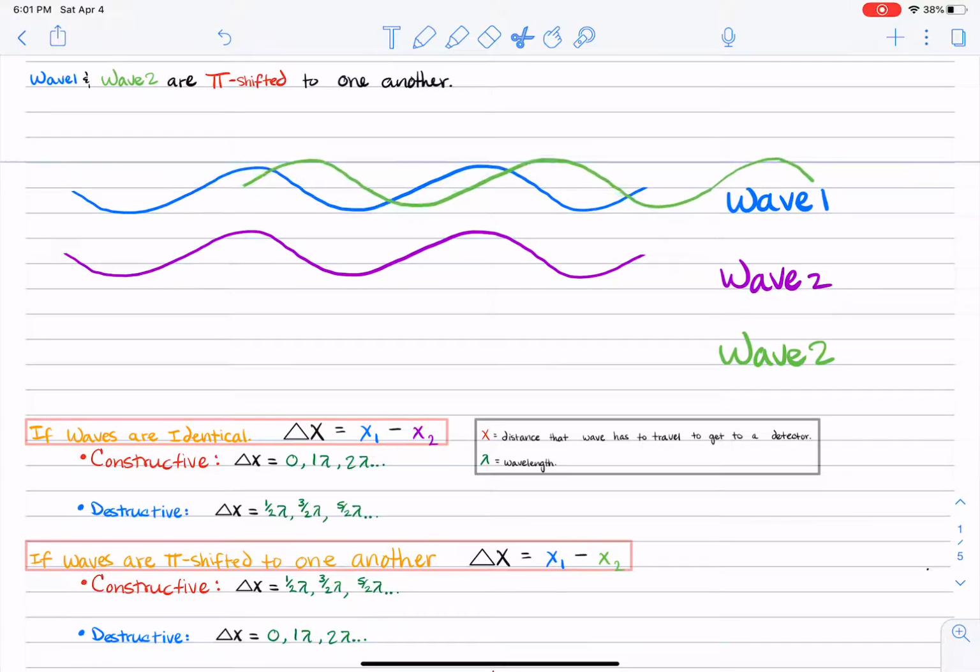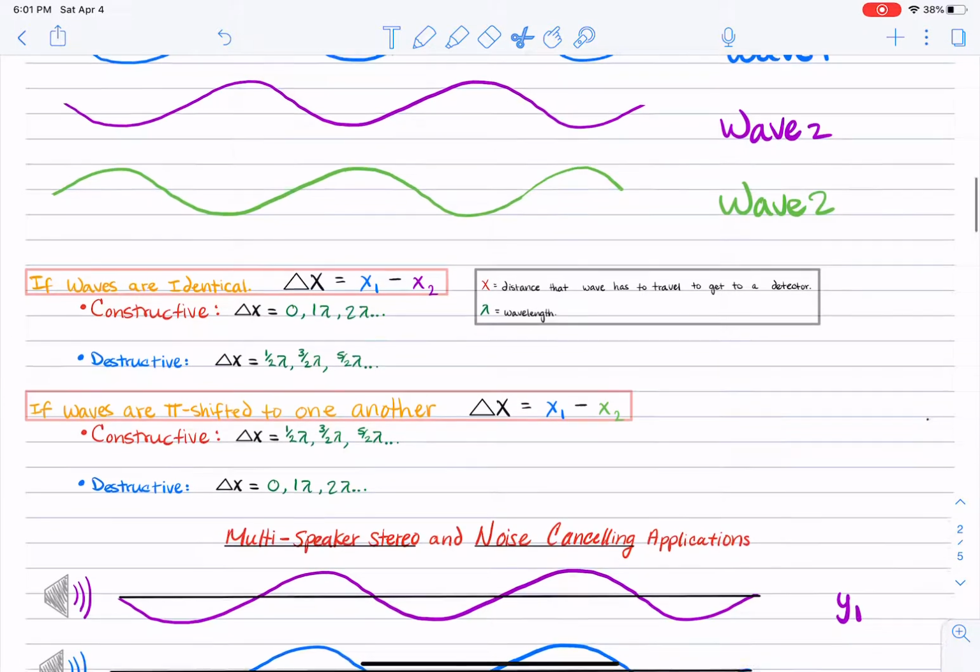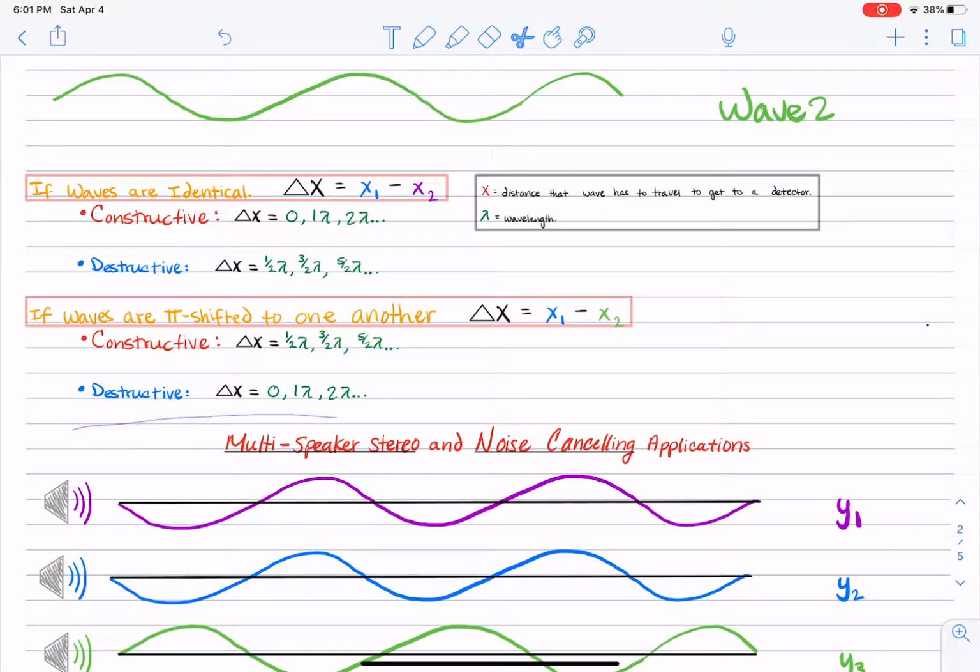If we moved it another half wavelength, so another 2 meters, we get destructive interference. In other words, a full 4 meters with pi shifted waves gives us destructive interference, which is what this is stating down here.